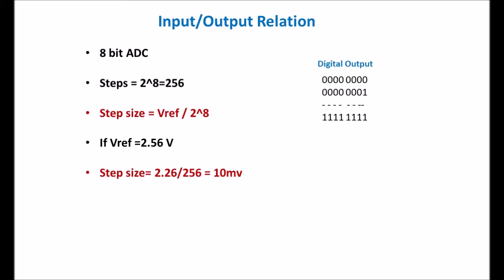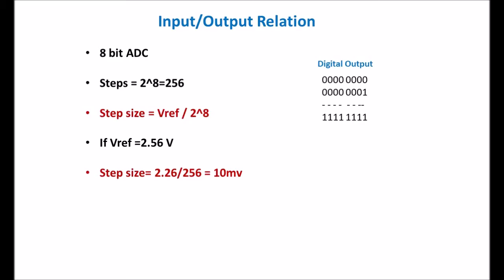It indicates that if the input analog voltage changes by 10 millivolt, the output will change by one step. For example, suppose the input analog voltage is 0 initially, so the digital output will be 00H. And if the input changes to 10 millivolt, the output will go to the next step, that is 01H.